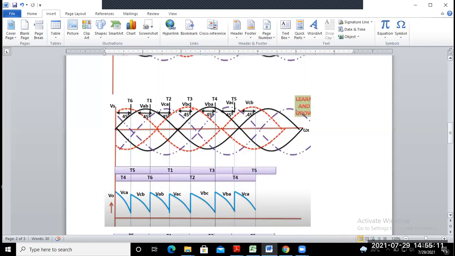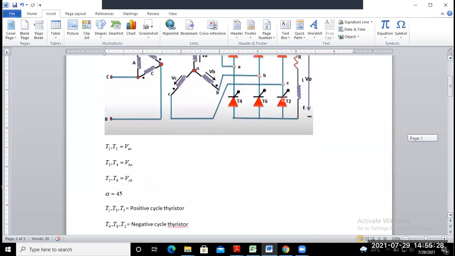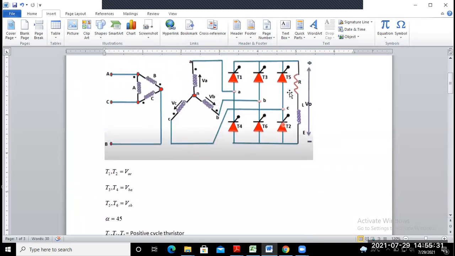So we can say that from this point to this point VCA conducts. Is it not? C is your 5 and 4 is your A. So you may observe from this circuit diagram that T5 and T4 are conducting. Is it not? So T5 is representing VC and T4 is VA. So this one is conducting T5 through the RL load and T4 to E. So VCA, this voltage appears, VCA.